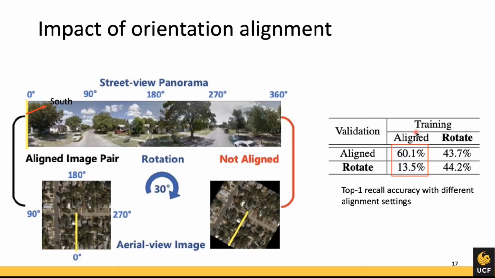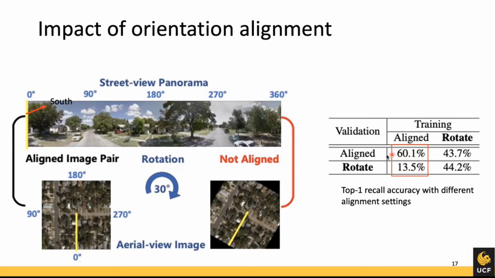If we use these orientation aligned images to train the retrieval model or image matching model, and we also test the model on the aligned test set, we can see that a simple baseline is able to achieve 60% top one recall accuracy.